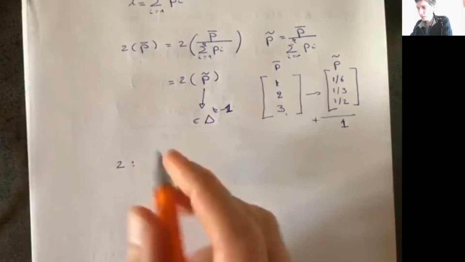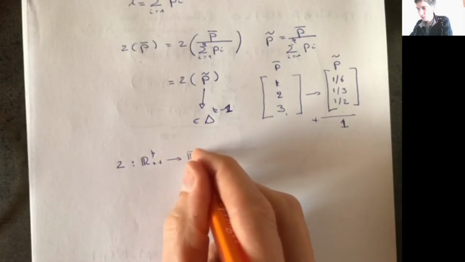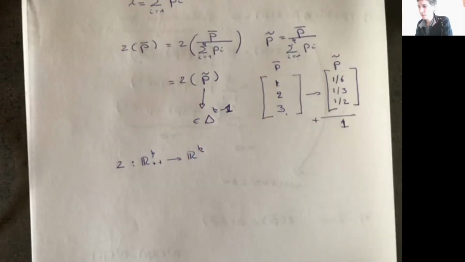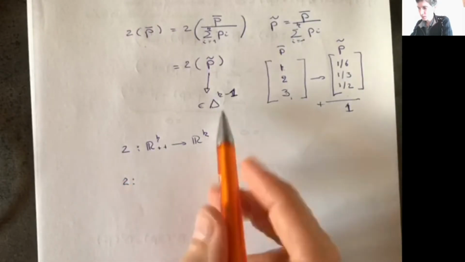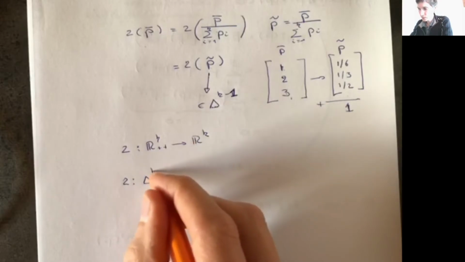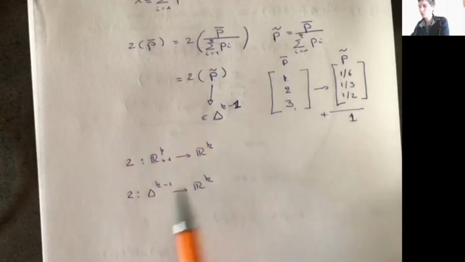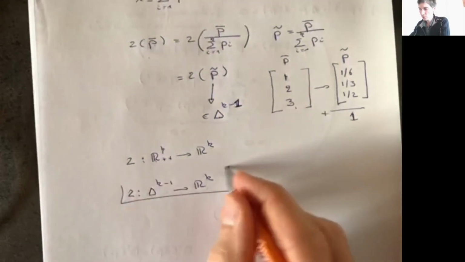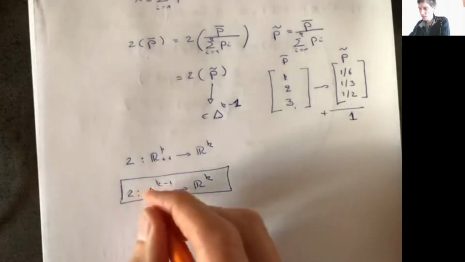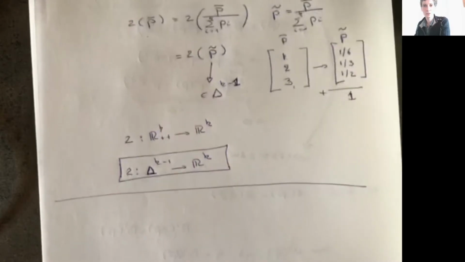So previously we had Z going from R^k_++ to R^k. Now our function Z, the domain, we will change it to Delta^(k-1) to R^k. Right, so how do we do this? If you have a price here, well, we first normalize it, then it's in Delta^(k-1), so we can map it to R^k. Alright, so this will be the standard point that we will use in order to prove the existence of an equilibrium.